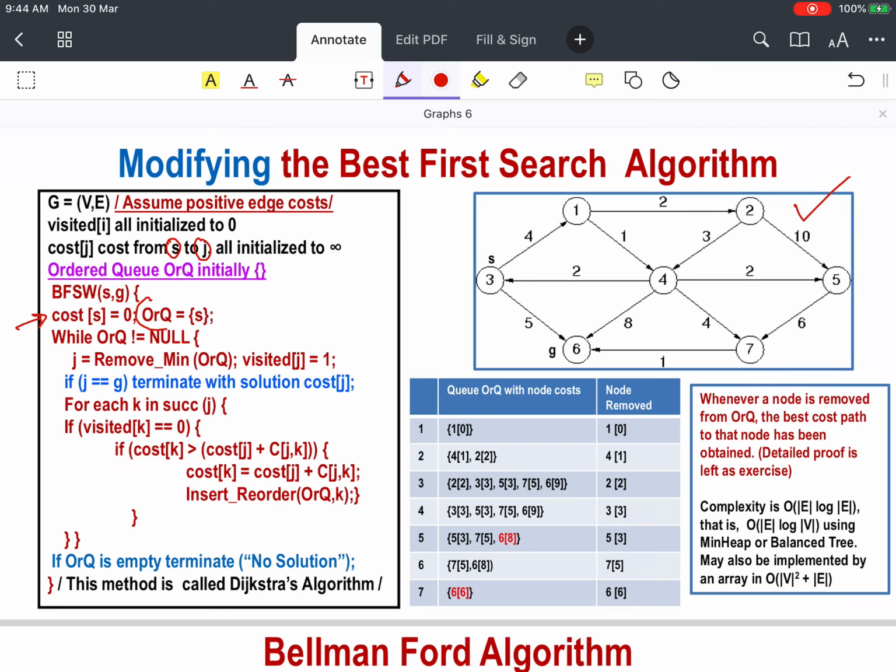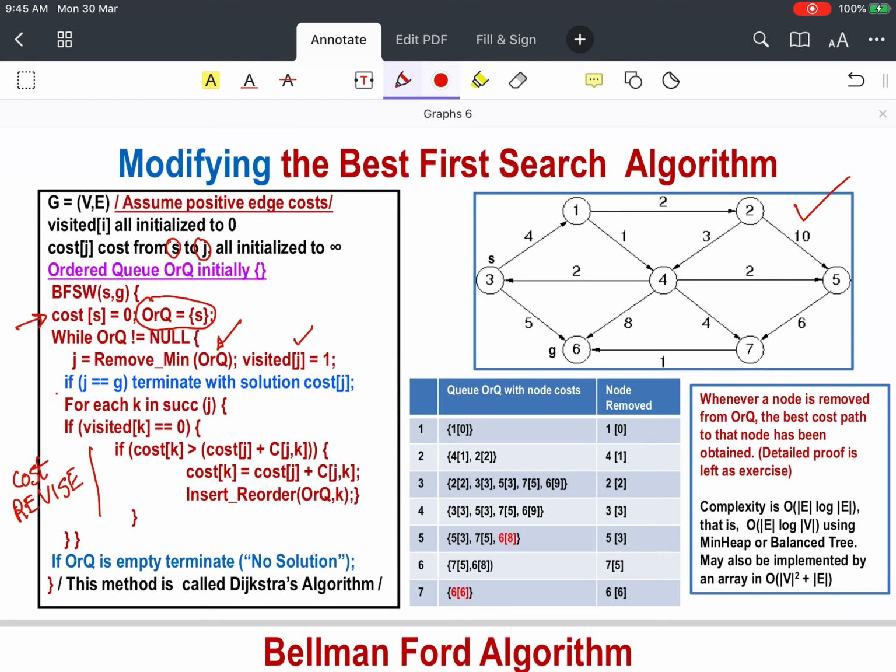And we maintained an ordered queue which was ordered by these cost values. We removed the minimum node from the ordered queue, declared it visited, and then if J was goal, we terminated, and then for every node we did this very famous step which we called the cost revise step.